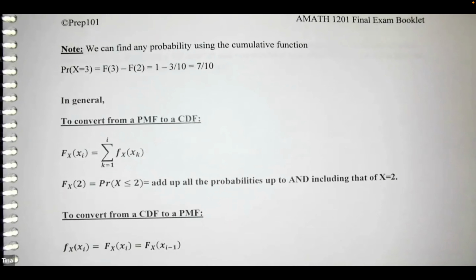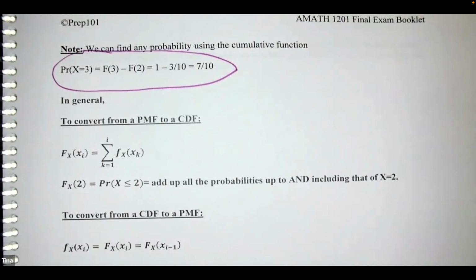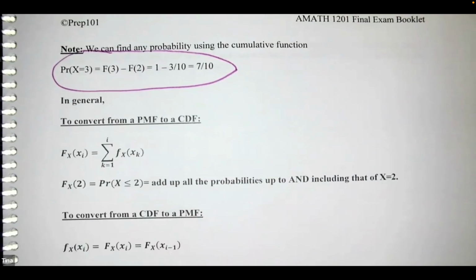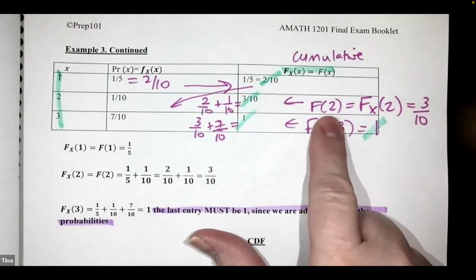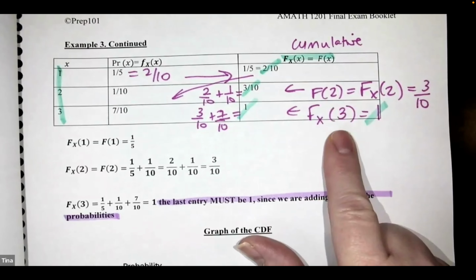Anything's possible. If you want to find a probability based on any cumulative, like the probability of x equals 3, if you don't know it, you can always take the cumulative at 3 minus the cumulative of the one before it. That will always give you the answer to a probability.